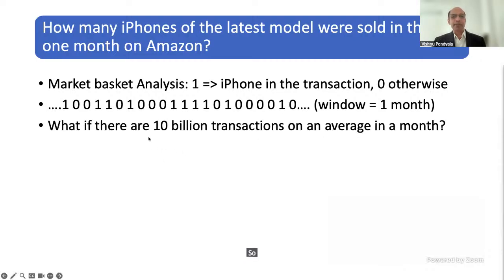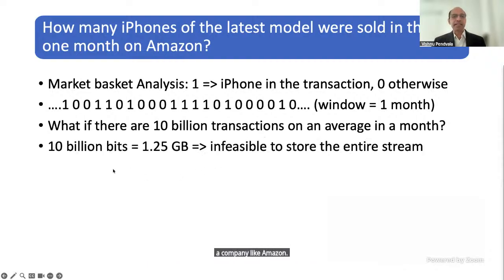The problem with this is the volume, and of course the velocity also. What if there are 10 billion transactions on average in a month? It is not uncommon for a company like Amazon to have 10 billion transactions. 10 billion bits is 1.25 gigabytes, so it is infeasible to store the entire stream.